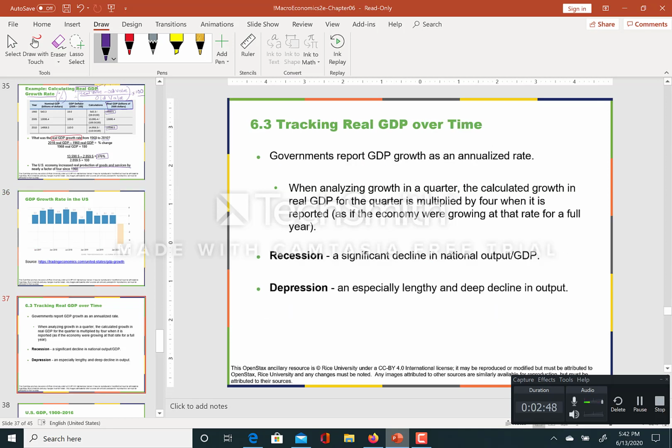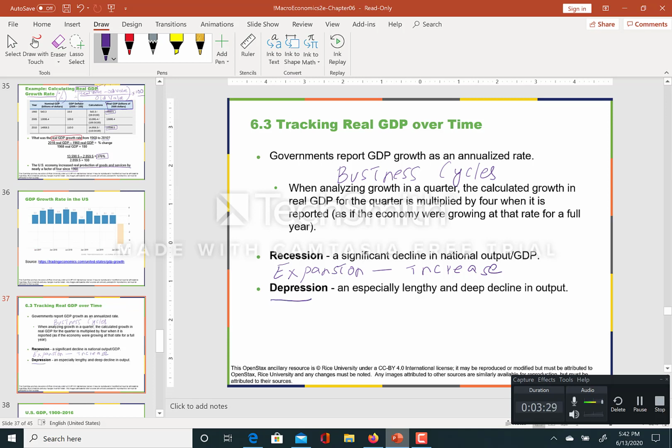Next, we just look at some business cycles. Examples of business cycles are recessions and expansions. Recession means a significant decline in national output, real gross domestic product. Expansion means the opposite, an increase in gross domestic product.